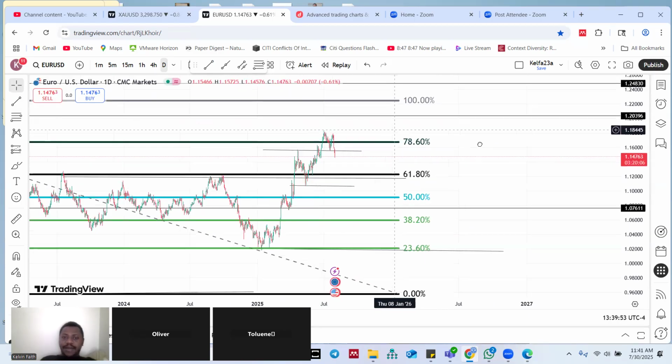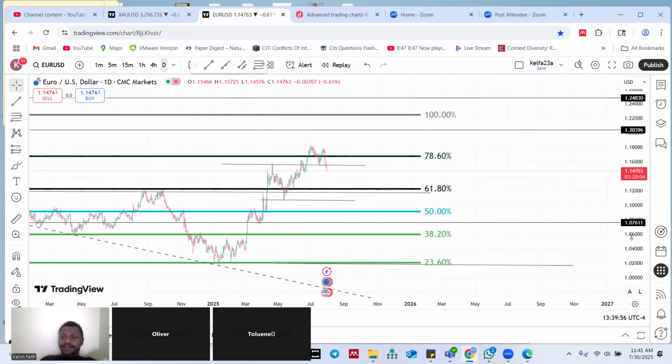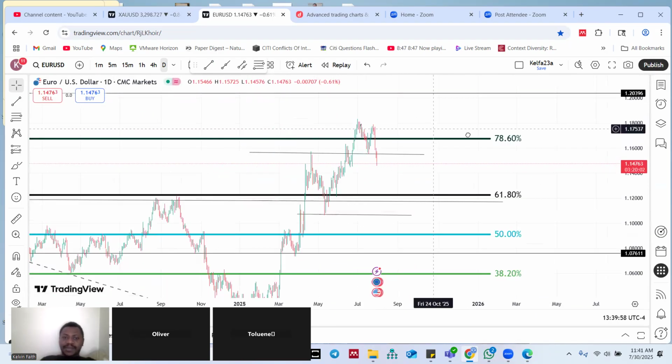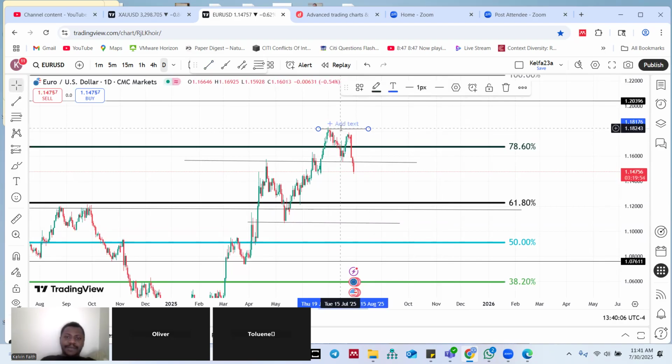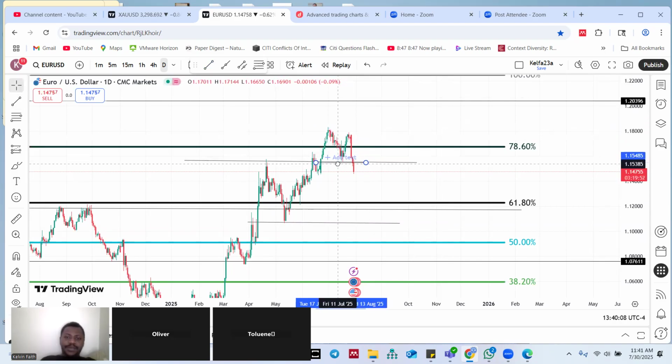Then around this area, when we got this high, price dropped to give us a low and failed to give us a high.